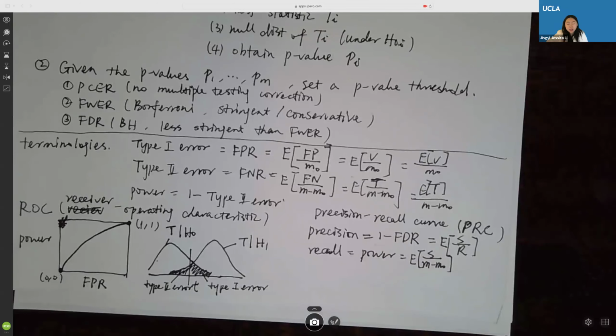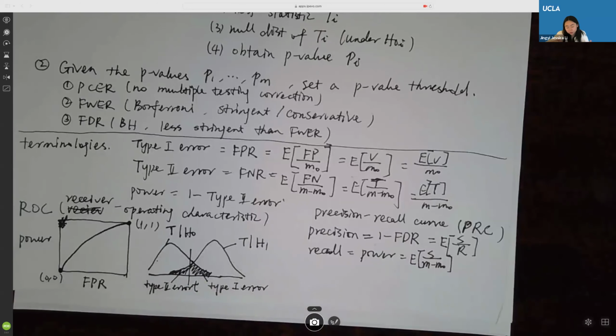Even though I want to say that our multiple testing problem is not the same as binary classification conceptually, the way we define metrics, how do we define a metric based on the results of the M tests, that is considered similar. So we also have this decision table based on our decision, how many rejections, how many not rejected versus ground truth.